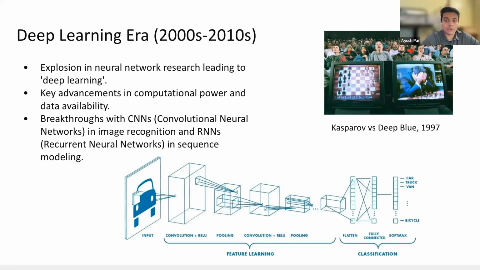And it was really a period of significant breakthroughs, which ignited an explosion in neural network research. The availability of extensive computational resources and vast data sets, notably ImageNet, which was released in 2009, were really critical catalysts. ImageNet provided a large-scale data set of annotated images that became a benchmark for training and evaluating deep learning models.